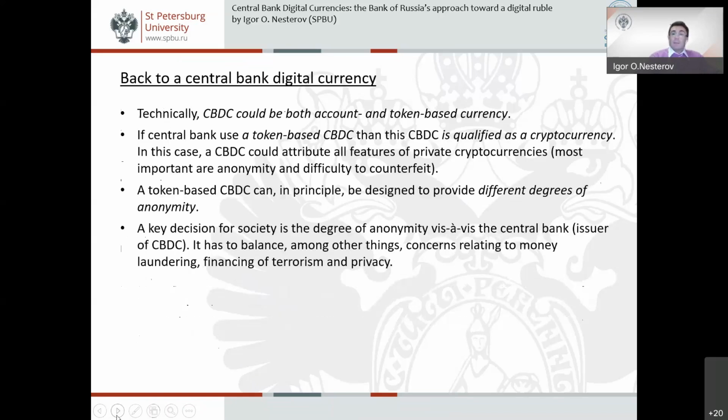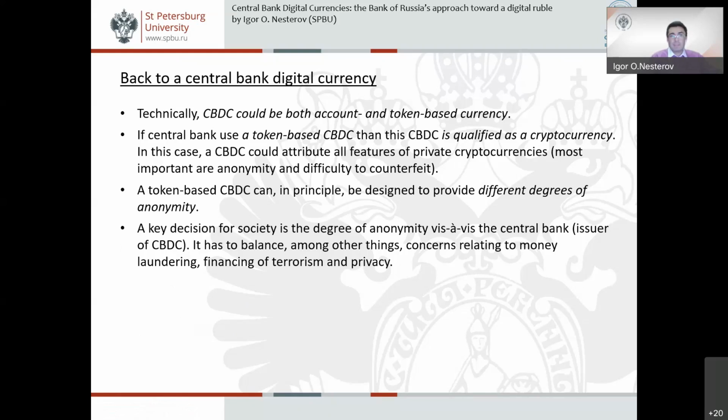Returning to the central bank digital currencies, theoretically and technically, central bank digital currencies could be both account and token-based currency. If a central bank uses a token-based technology for CBDC, then this CBDC is qualified as cryptocurrency.